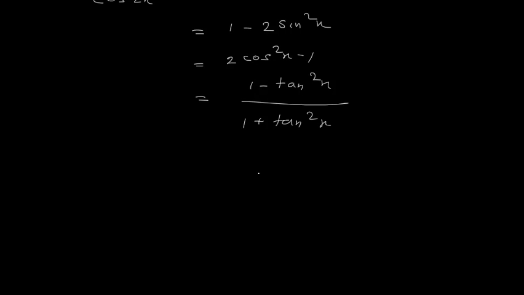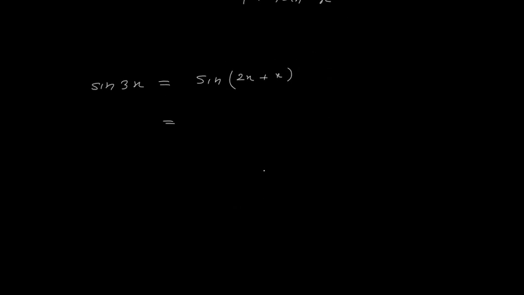Now let us discuss the triple angle formula, that is, let us find the value of sin 3x. For this I can say that this is sin (2x plus x), and let us use the sin (a plus b) formula, which is sin a cos b plus cos a sin b. That is sin 2x into cos x plus cos 2x into sin x.